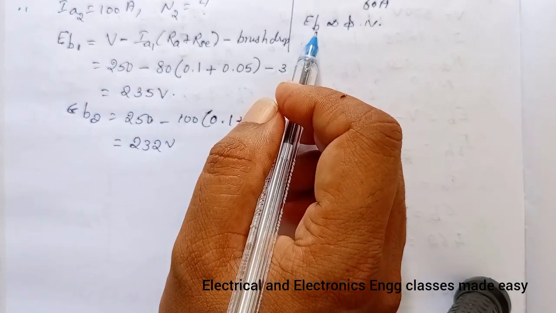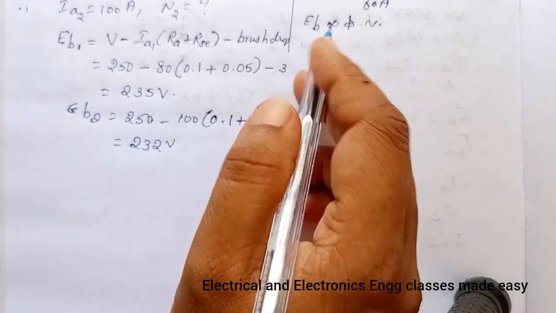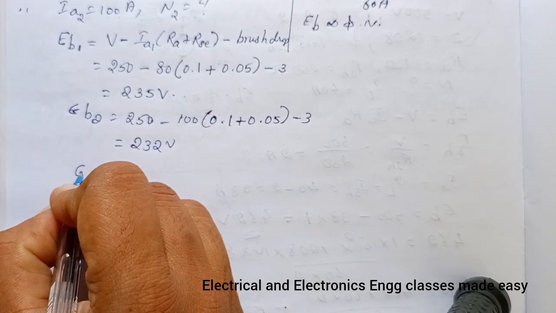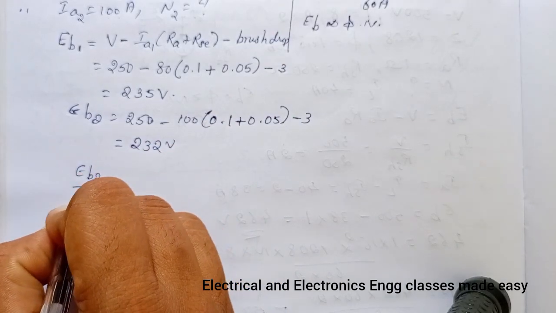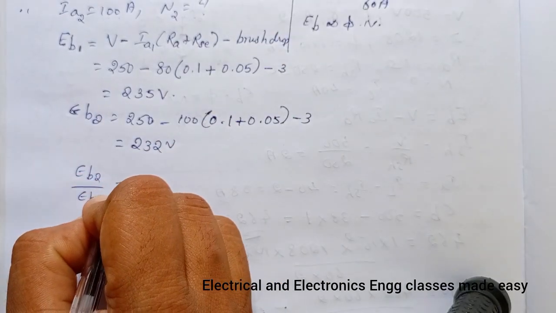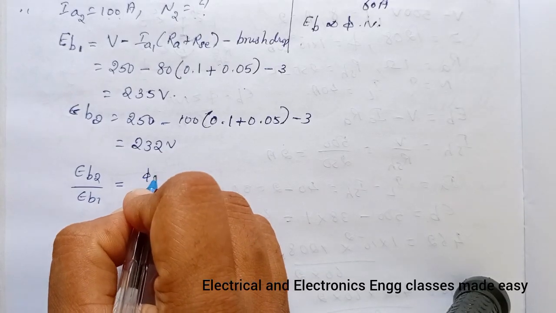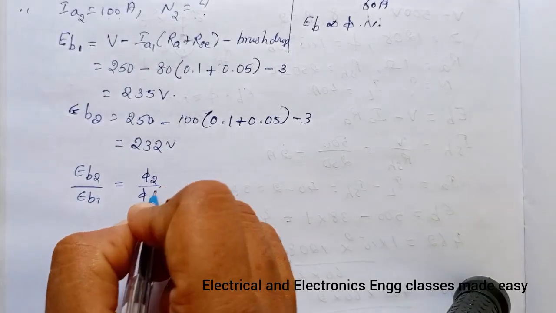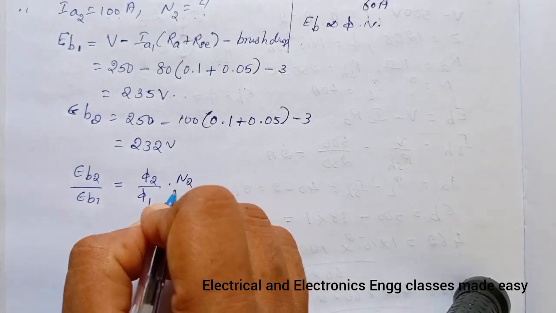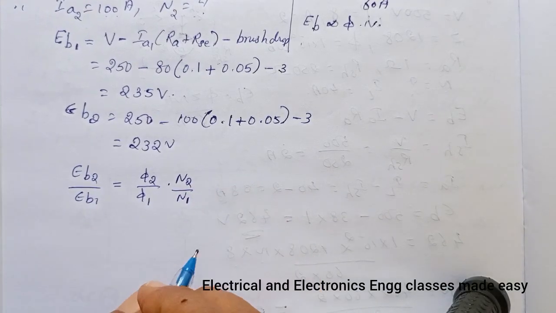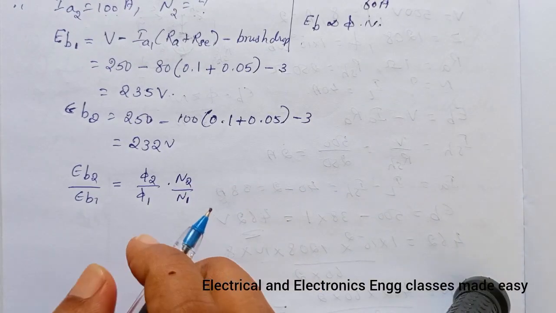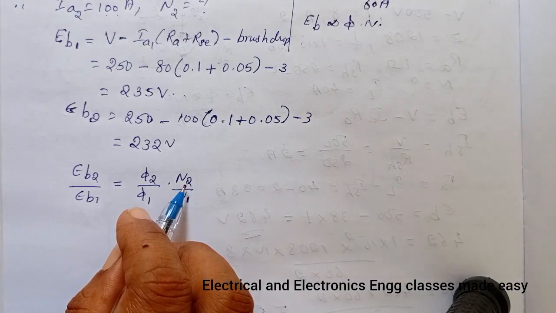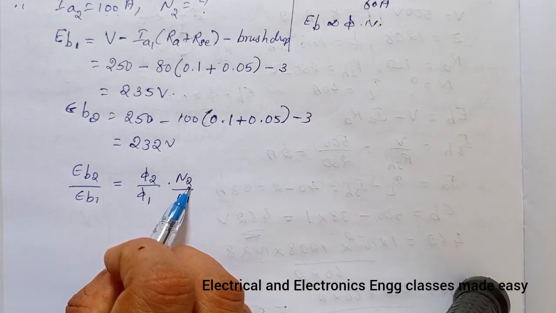Now from this equation we can write EB2 divided by EB1 is equal to phi2 divided by phi1 into N2 divided by N1, and we have to find N2.